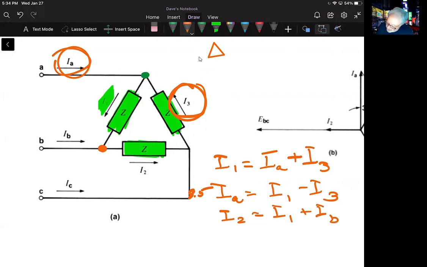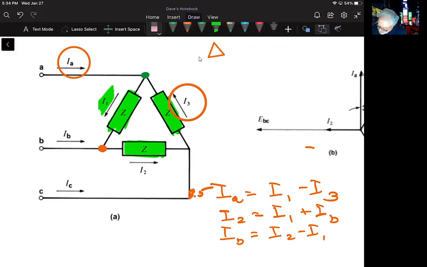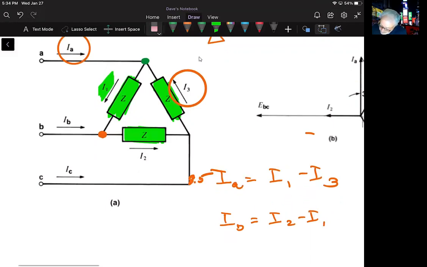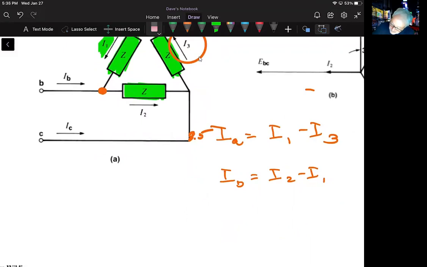Then I'm going to solve this for IB, and I'm going to get that IB is equal to I2 minus I1. Hope that you can see that. I won't do that the third time. I'll just write down our third equation. So finally, the third equation says I sub C is equal to I sub 3 minus I sub 2, following the same idea that we did in the earlier two.